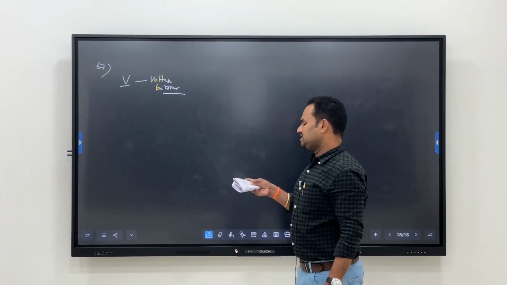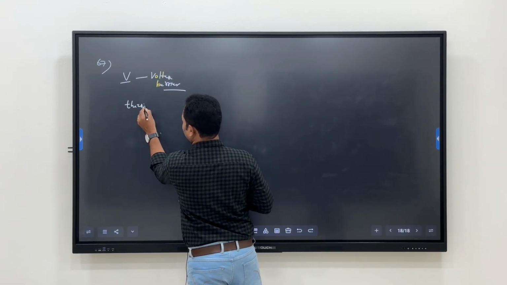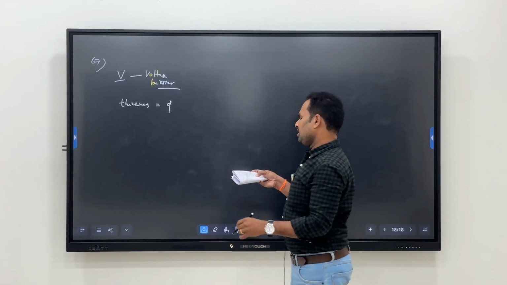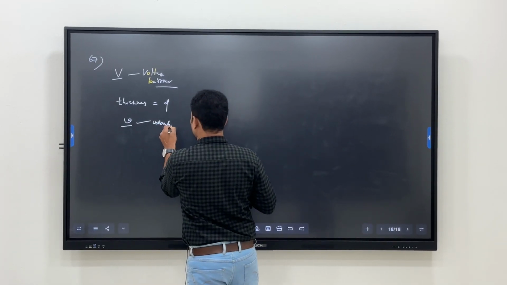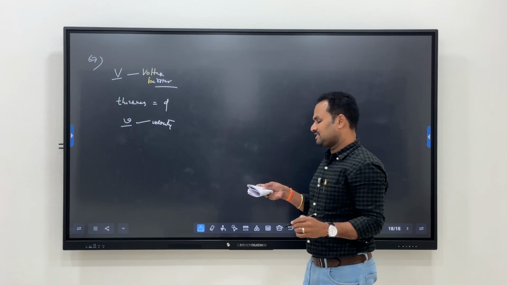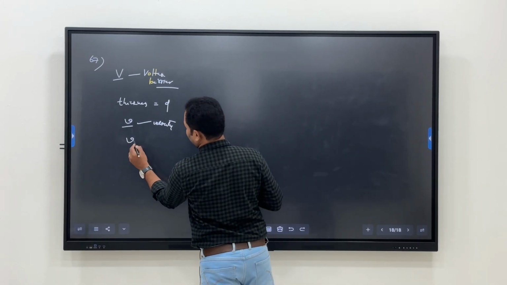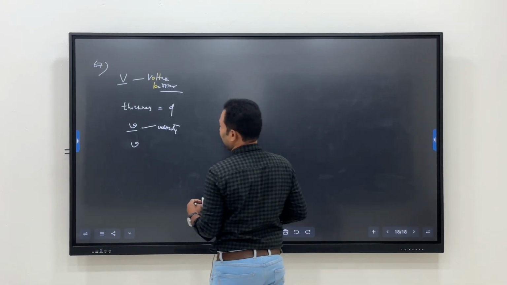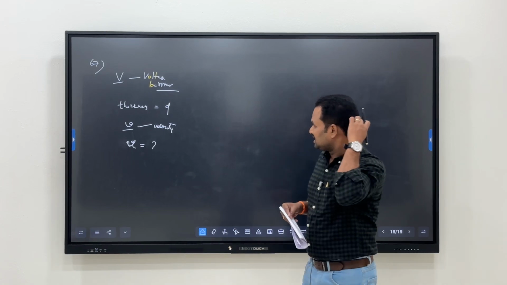In a PN junction, the thickness of the depletion region is D. An electron with a velocity v approaches the PN junction from the n side. They are asking the value of the velocity u of the electron crossing the junction.